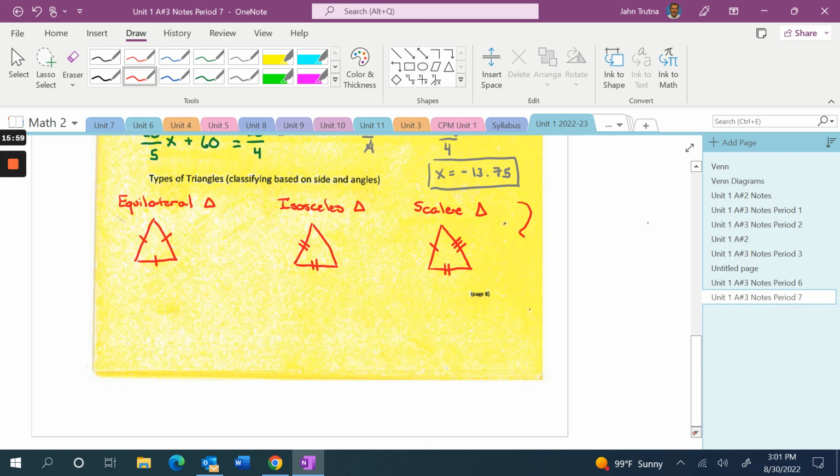Okay, so equilateral, isosceles, scalene, if you notice, these are classified by the sides.